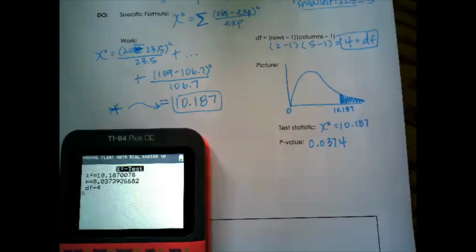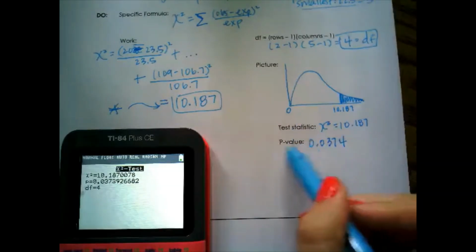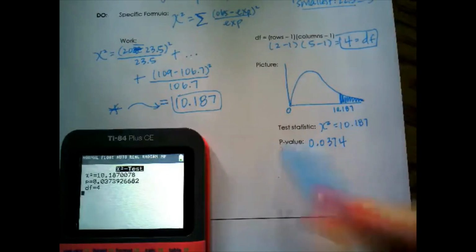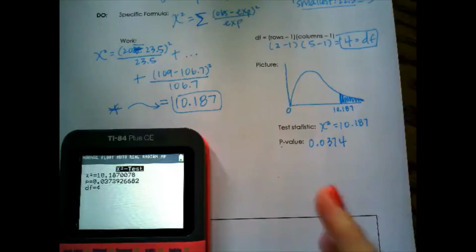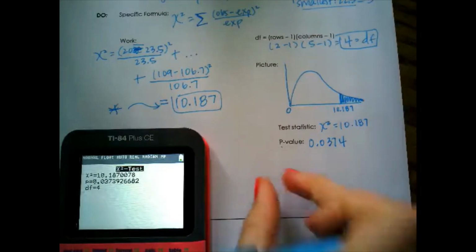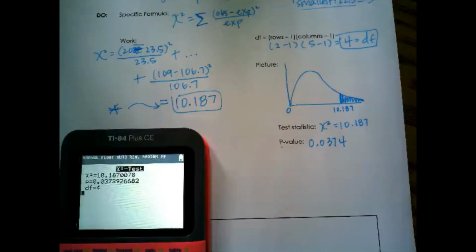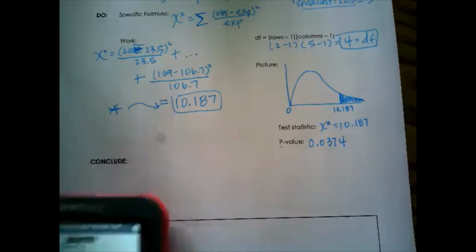Okay. So your calculator will give you your exact p-value. Your table C will give you kind of a range of where it's going to be. Okay. And it has your degrees of freedom here also.